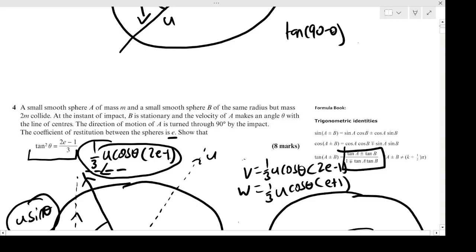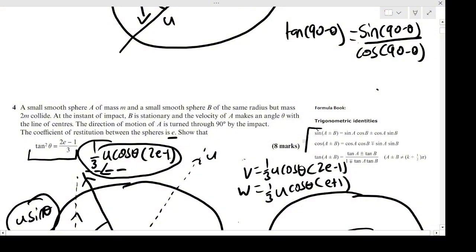But how else can I express this? I can use sine and cos. So it's going to be sine of 90 take away theta over cos of 90 minus theta. Hopefully happy with that. I'm just using tan is sine over cos to express this. And so now I can use the compound angle formulas for sine and cos to expand and simplify that way.